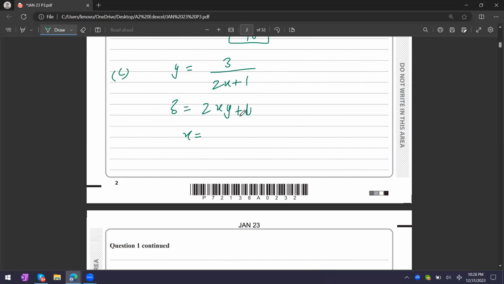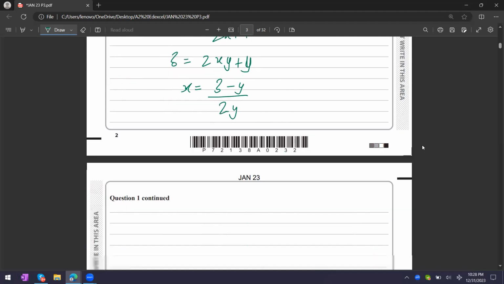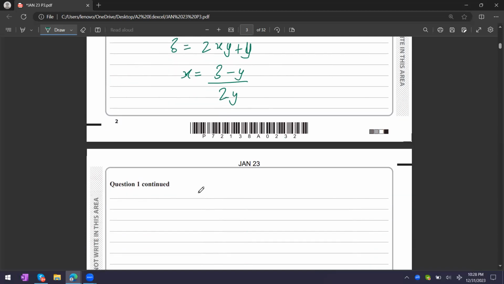Sorry, this is y. Make x the subject. So x is equal to 3 minus y divided by 2y. Once you have x as the subject, you can write it in function form. g inverse is equal to 3 minus x over 2x.